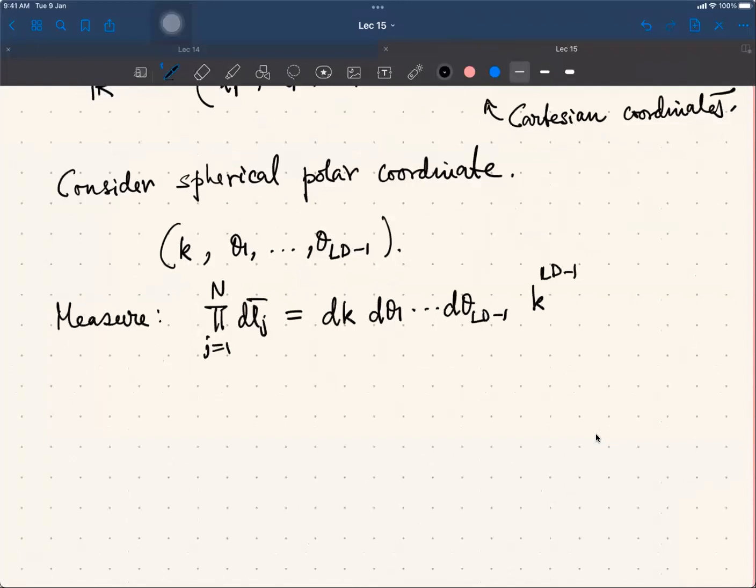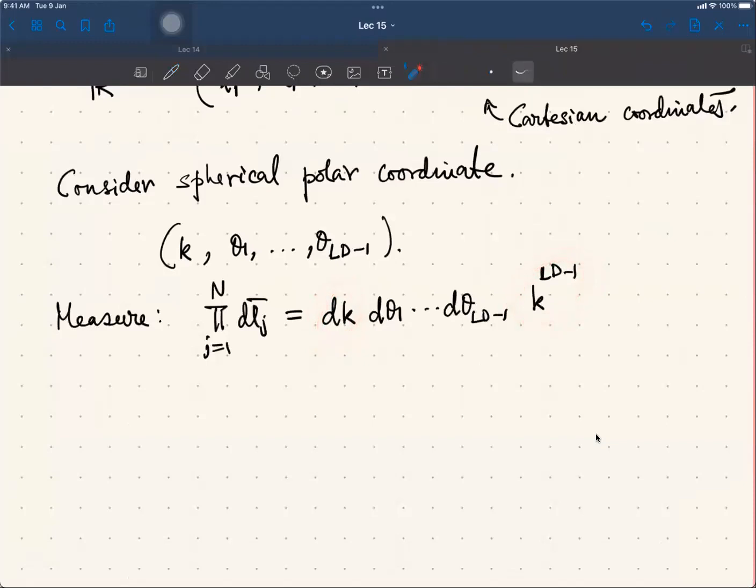From dimensional analysis, this is a length of LD dimensional length, and thetas are dimensionless, and therefore you should have dk times k to the power LD minus 1. For example, in 3 dimensions, you have r squared dr times r squared, right?